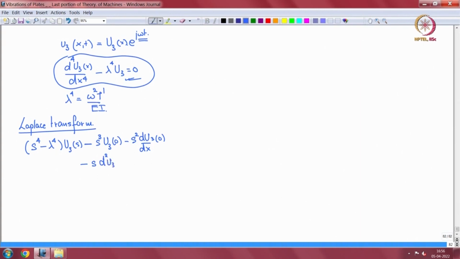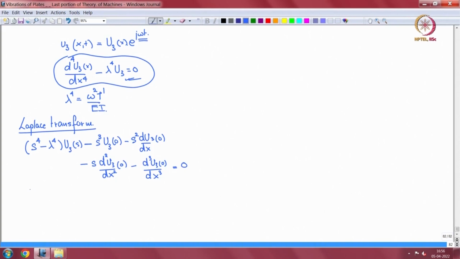We are used to taking Laplace transform for temporal equations; now this is a special equation, and hence all conditions are at 0, which happens to be x equal to 0.